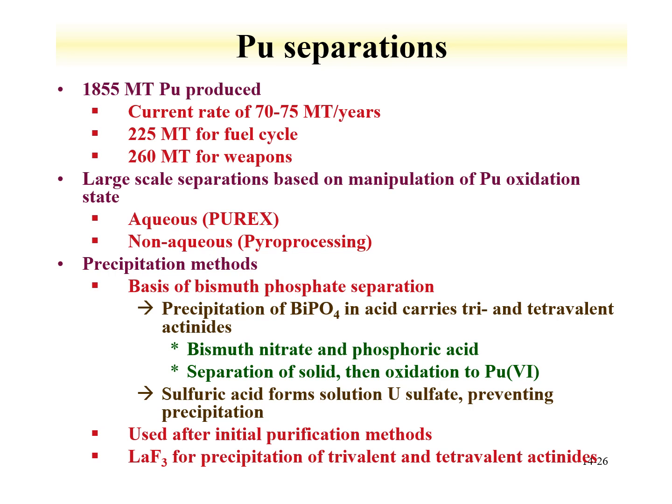One of the first separation techniques for plutonium was the bismuth phosphate method. This is a precipitation-based separation where precipitates of bismuth phosphate in acid carry tri- and tetravalent actinides, so the tri- and tetravalent actinides will precipitate out with the bismuth phosphate. This is done by taking the tri- or tetravalent oxidation state of the actinides with a bismuth nitrate and phosphoric acid solution.